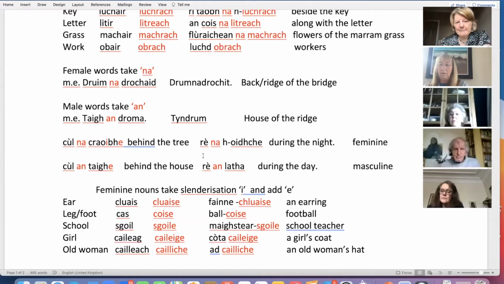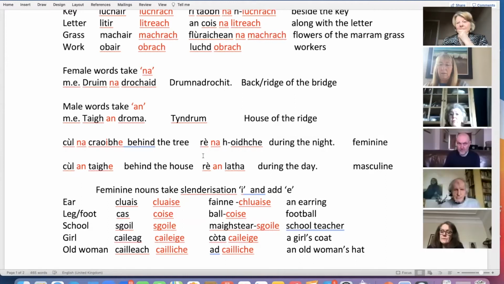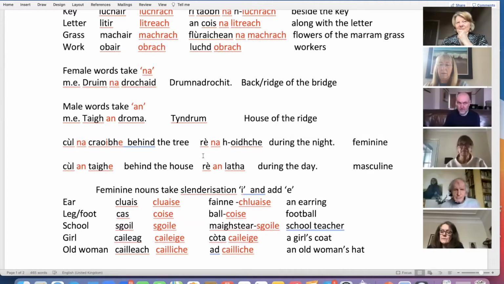How would you say during the morning? Re na matne. Matin, as I said earlier on, becomes matne. So you would have to say re na matne.